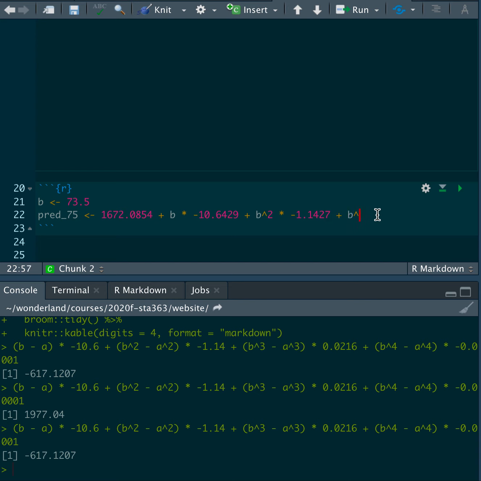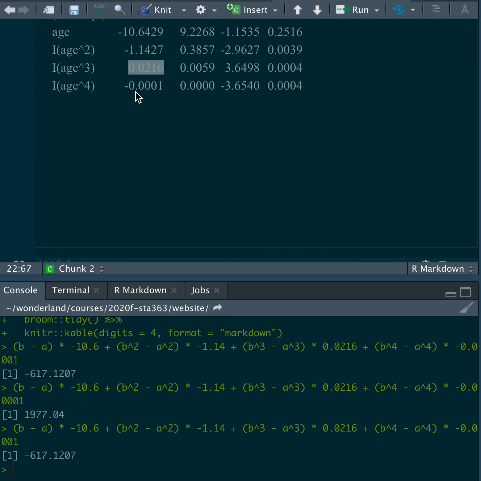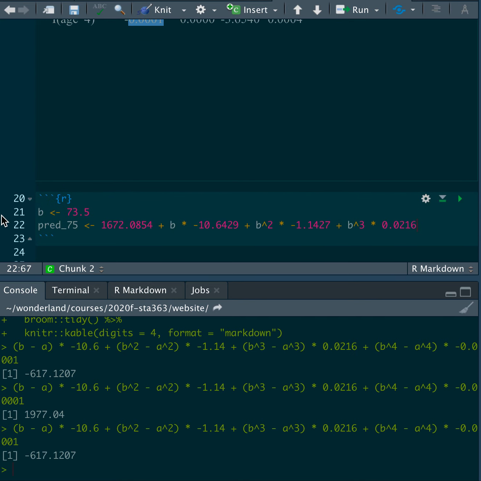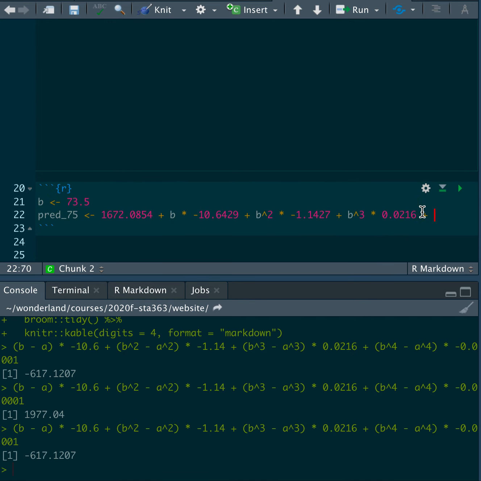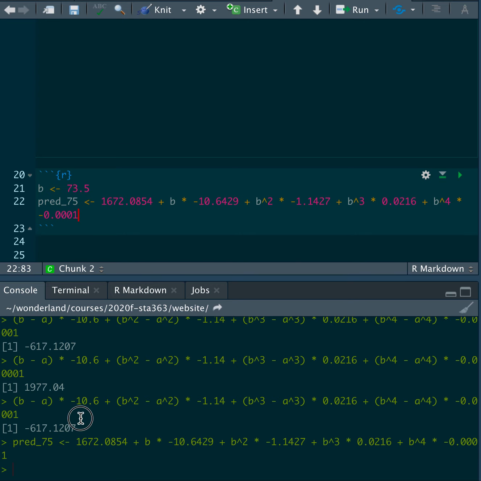So then I'm going to add the cubed term for the 75th percentile times the beta coefficient for the cubed term. And finally, the term to the 4th power here times the beta coefficient for that term to the 4th power. So that's my predicted value for folks in the 75th percentile.